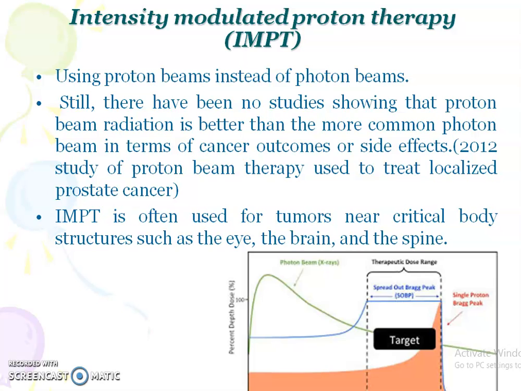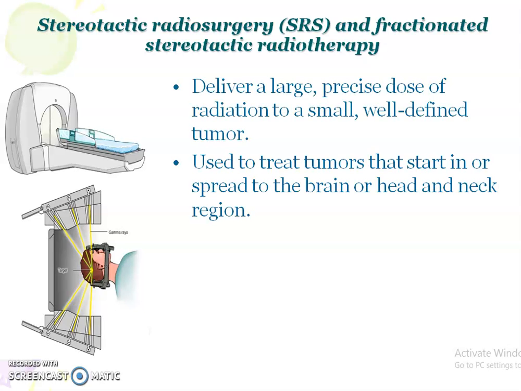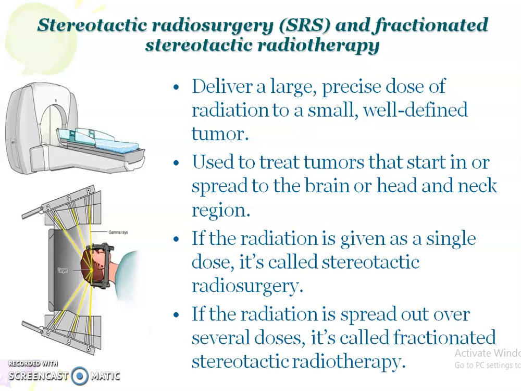Next type is stereotactic radiosurgery, SRS, and fractionated stereotactic radiotherapy. Here we deliver a large, precise dose of radiation to a small, well-defined tumor. This is used to treat tumors that start in or spread into the brain or head and neck region.